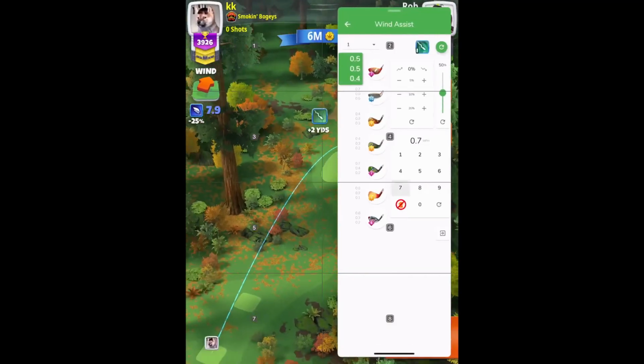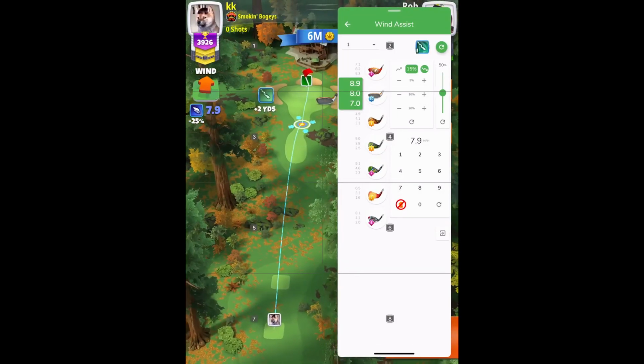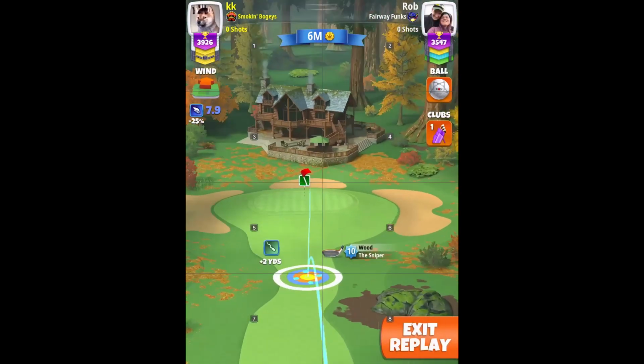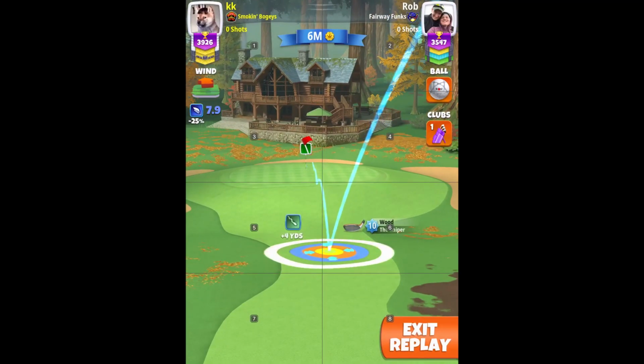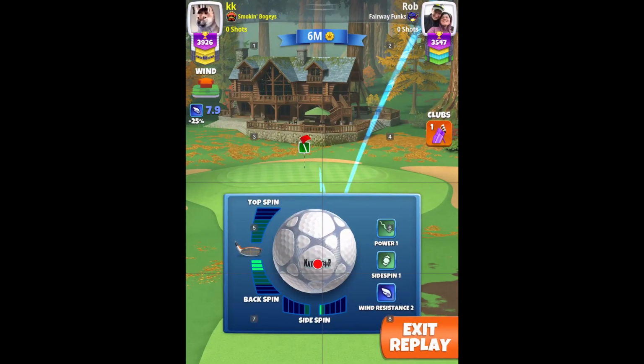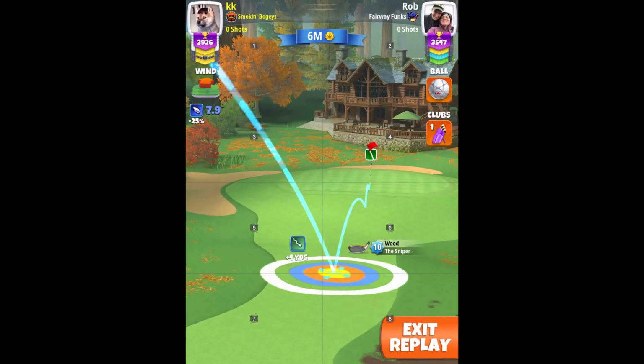Here's a pretty straight tailwind, and I'm going to do about 3.3 backspin and half a left spin and line it up at the hole, and I just plus 15% max.